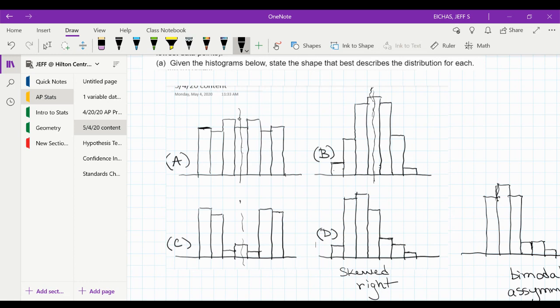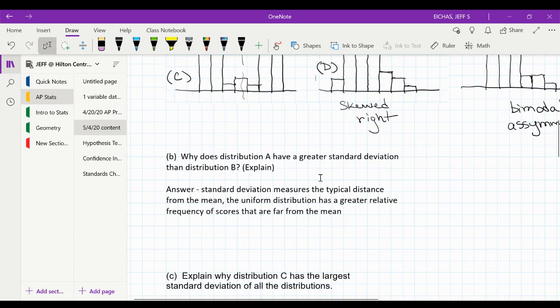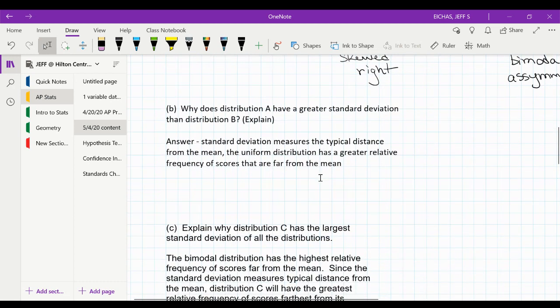These scores here are far from the mean, so are these. And what you're noticing is a relatively high frequency in distribution A. In distribution B, we have a low frequency of scores that are far from the middle. And that's what's going to make the standard deviation in distribution A higher. That's basically what that's saying there.